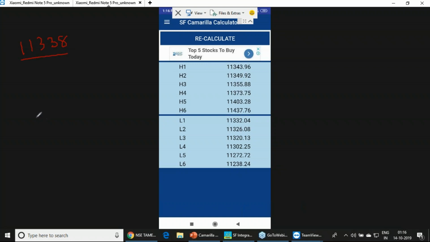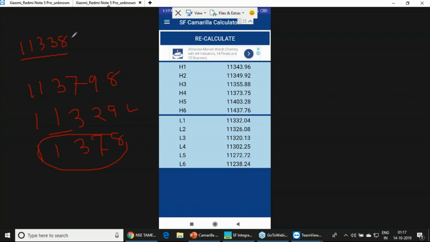Post this, we are seeing that 11,379.8 is the high it has given, and also it has given a low of 11,329, and it has also given a closing of 11,378. So this is the closing and high. The high has formed and closed near to that, and this is the point it has come. So if I just compare these values, 338 I have closed.